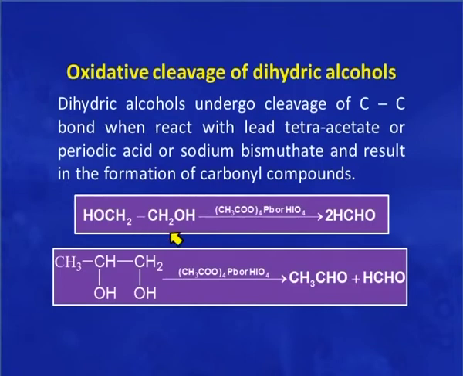Here ethylene glycol, when treated with lead tetraacetate, forms two molecules of formaldehyde, and propane 1,2-diol, when treated with lead tetraacetate or periodic acid, forms one molecule of ethanal and one molecule of methanal.